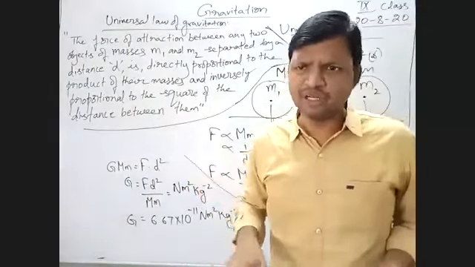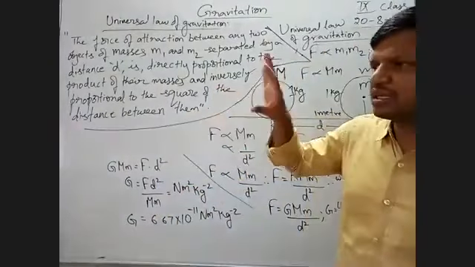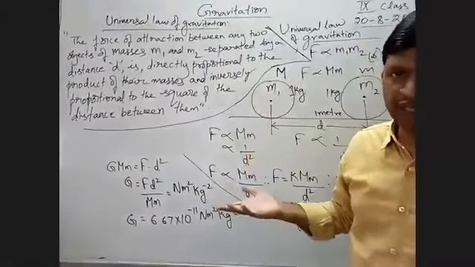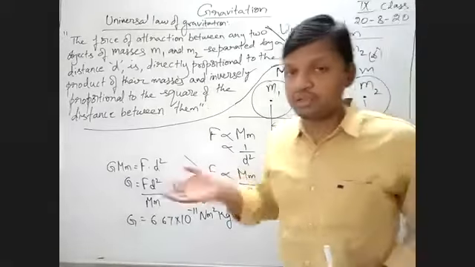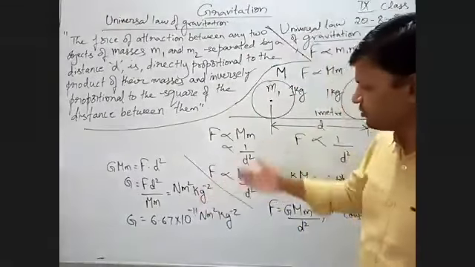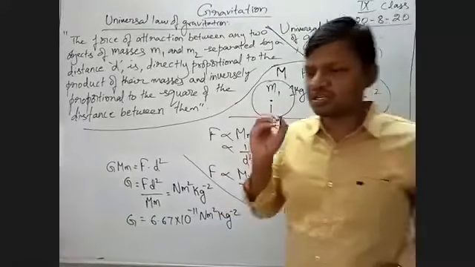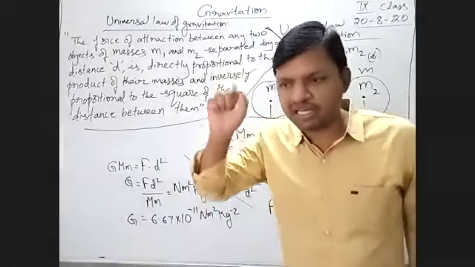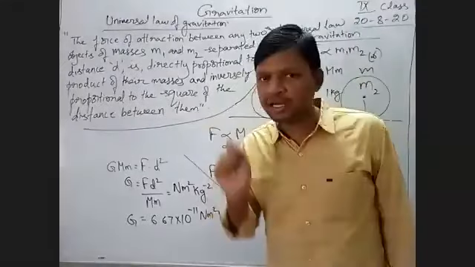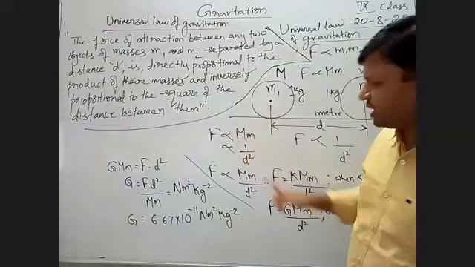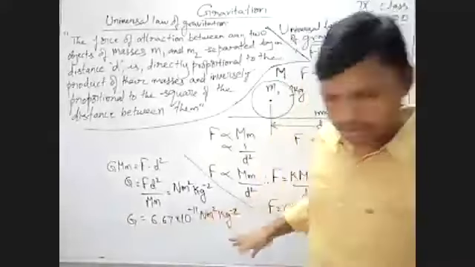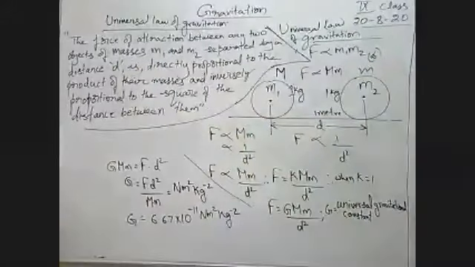That means Newton utilized the knowledge and research information given by different scientists, and with his own knowledge he formulated this, which was proved scientifically correct. That's why we are learning this formula.